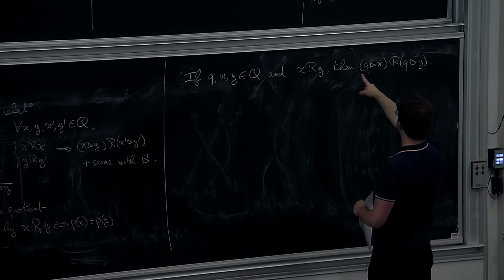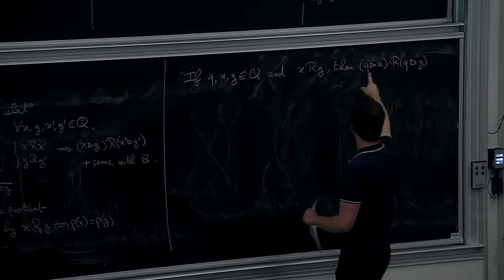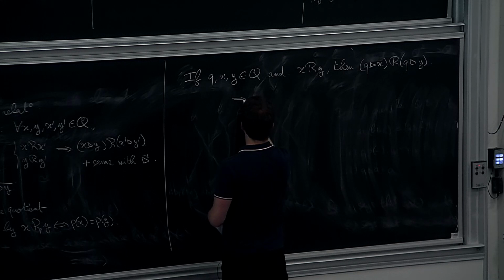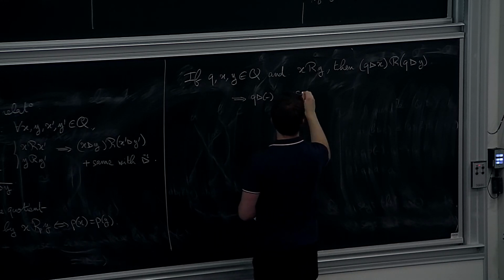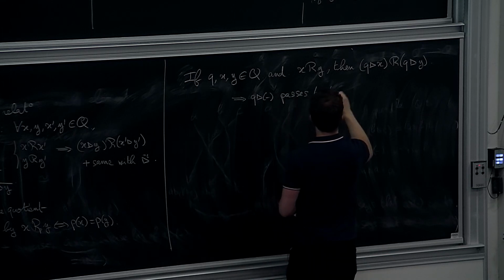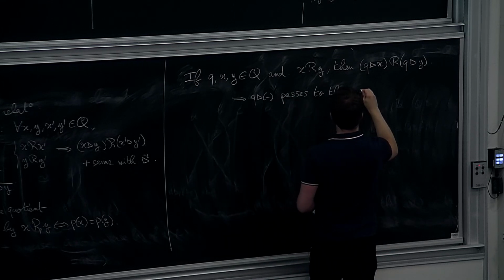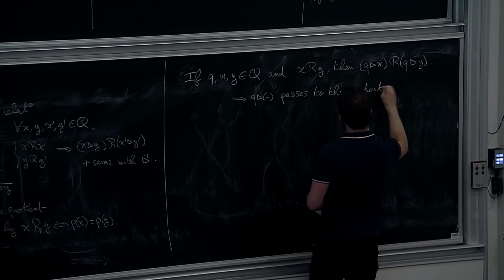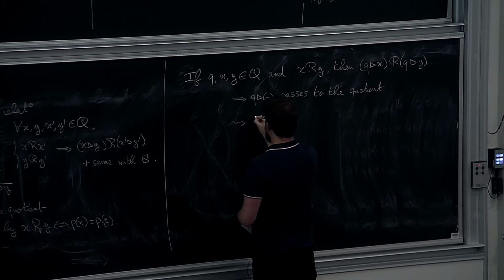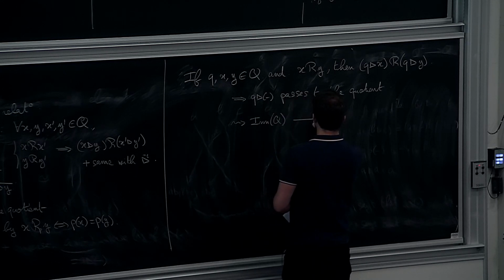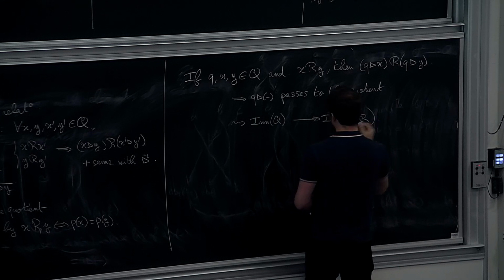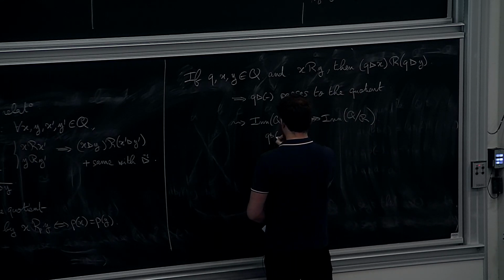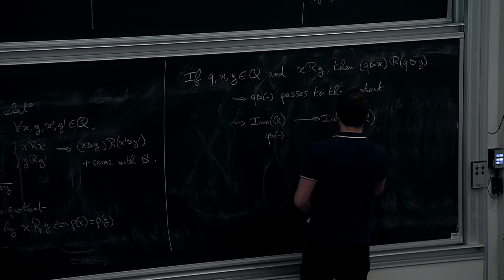But why am I writing that? Because this implies that this map passes to the quotient. And what you get from that is a surjective morphism from the inner automorphism group of Q to the inner automorphism group of the quotient, sending this map to this.